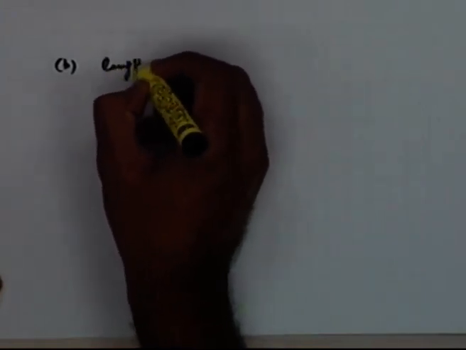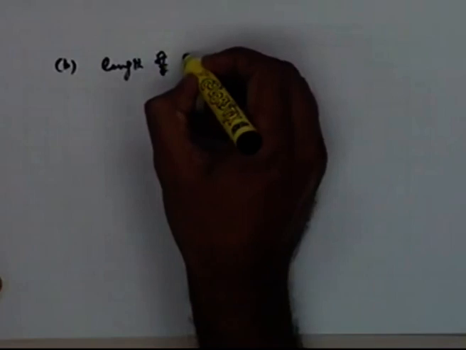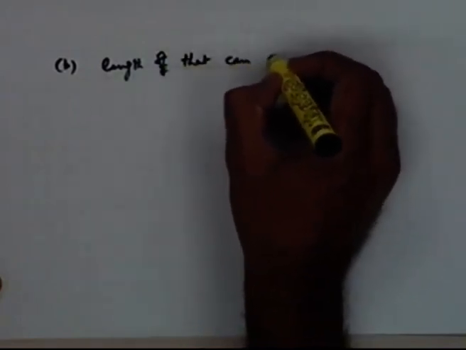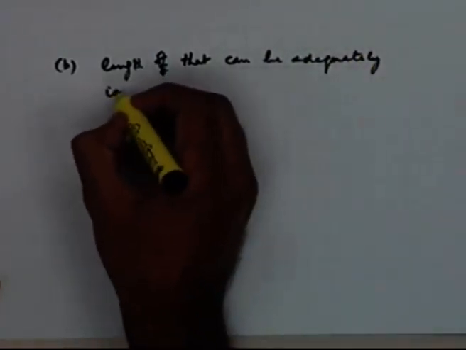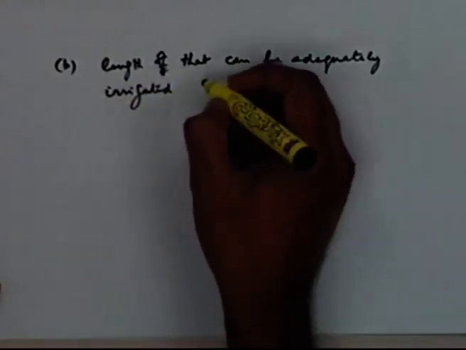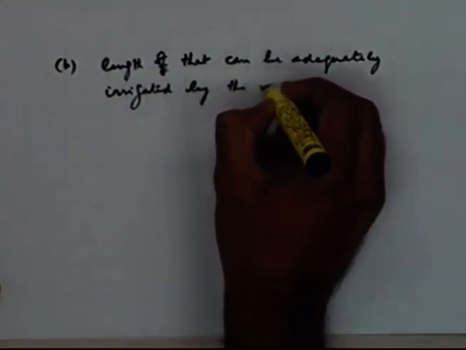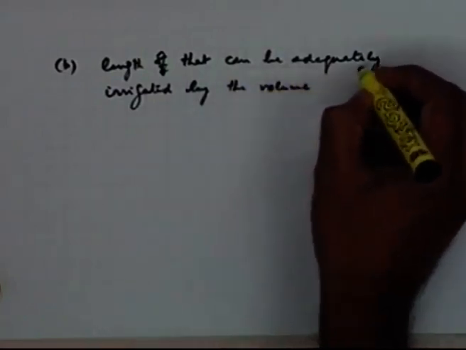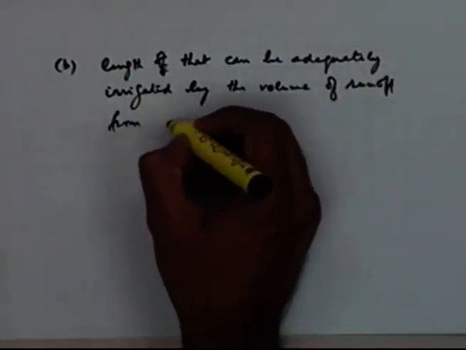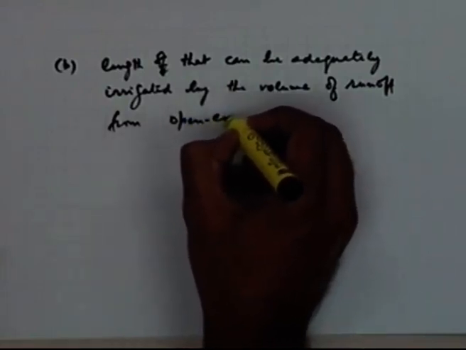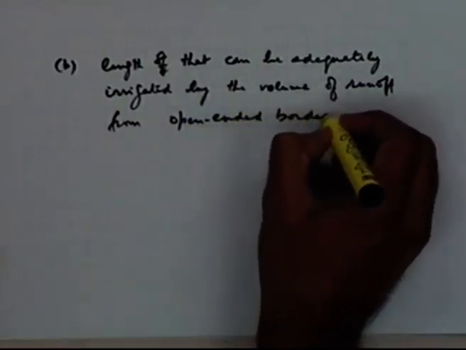Now this is one condition, and the second condition is that length which can be adequately irrigated by the volume of runoff from open-ended borders.